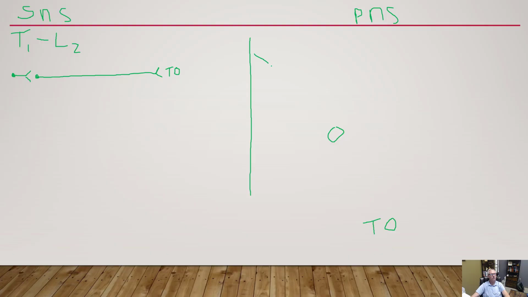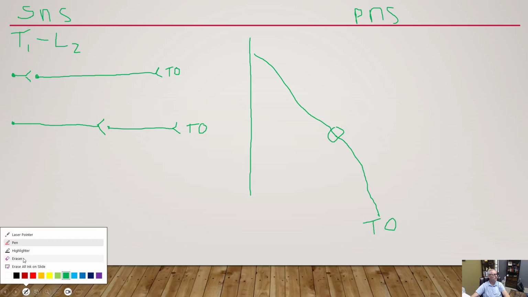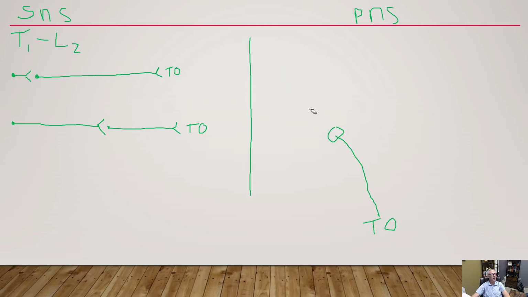So if it's about halfway in between, we would have our preganglionic neuron and our postganglionic neuron that are roughly about the same size. Does that make sense? All right. So that is the sympathetic side.